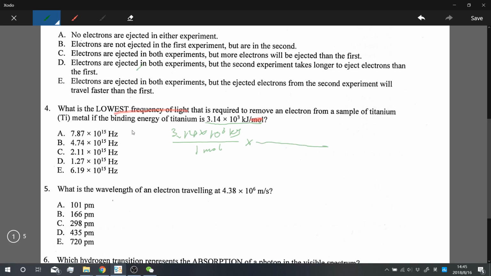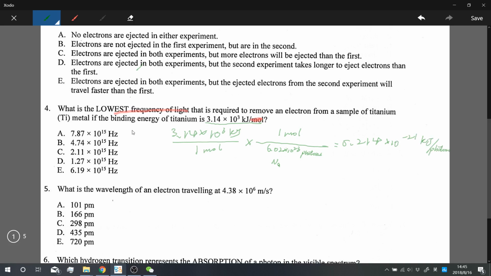So it's 1 mole, and this is 6.02 times 10 to the power of 23 photons. And if you remember it correctly, this is Avogadro's number, and we will get 5.214 times 10 to the negative 21 kilojoules per photon.